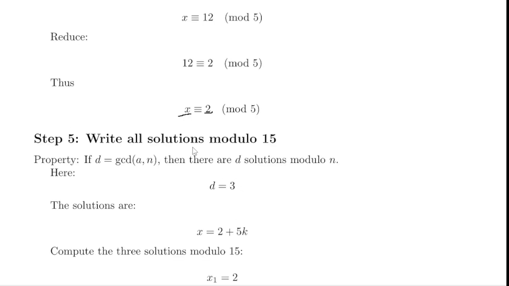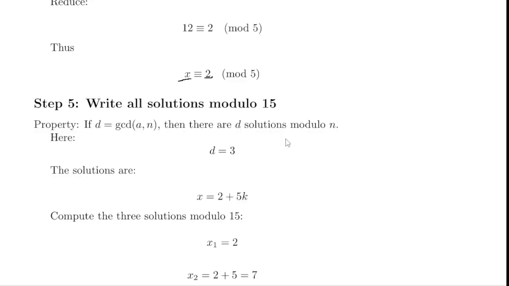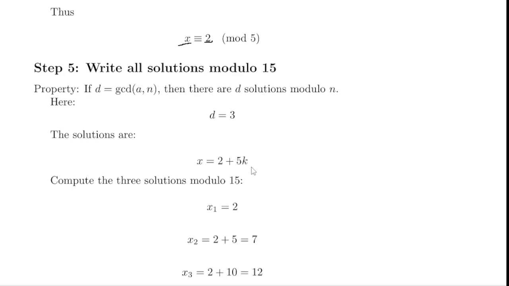Okay, now we want to write the solutions in terms of mod 15. So we reduced it down to mod 5. Let's get mod 15. To do that, we're going to add multiples of 5 to 2. So it's 2 plus 5k. And because we're going to 15, you basically want to look at what values of k give less than 15.